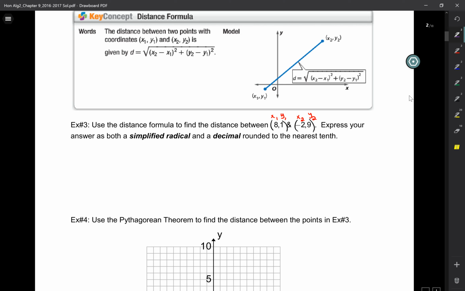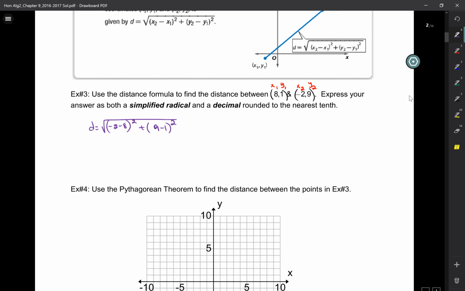And then it's just plug and chug, is what we call this. So we plug it in, negative 2 minus 8 squared, 9 minus 1 squared. So D is 100 plus 64 in the square root. So this is the square root of 164.